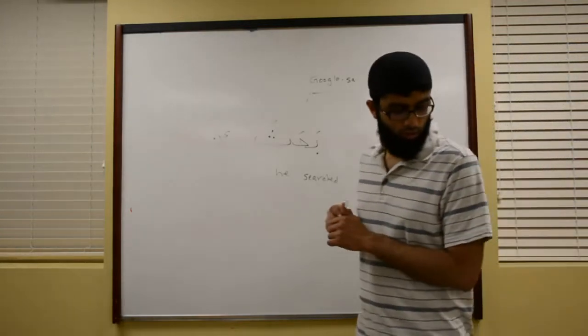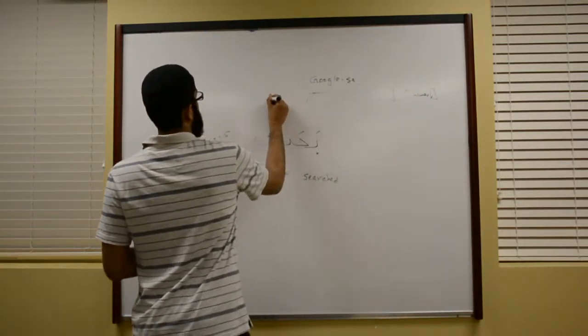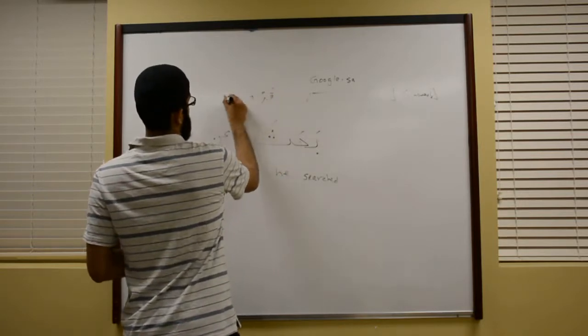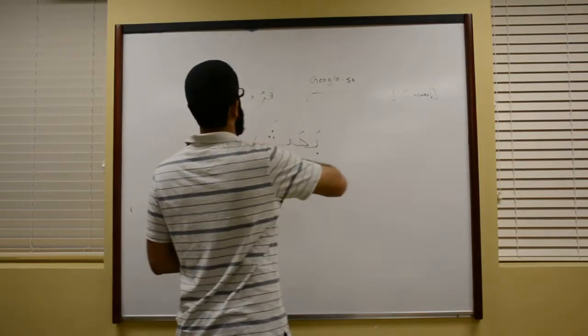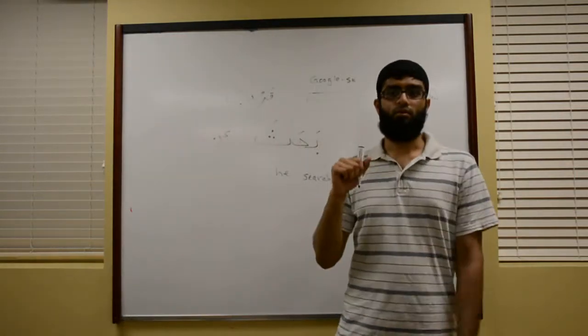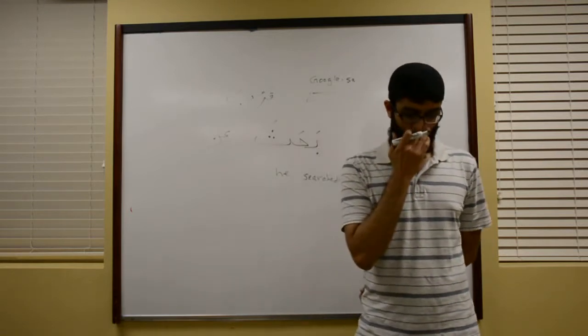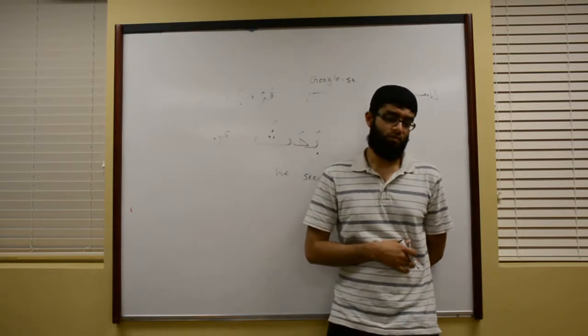Qaruba. So Qaruba is on the fourth column, which means what? Karuba. He approached, right? From Qarib, so Qaruba. Okay, go ahead. Qaruba. Qarubu. Qarubat. Qarubata. Qarubna. Qarubta.